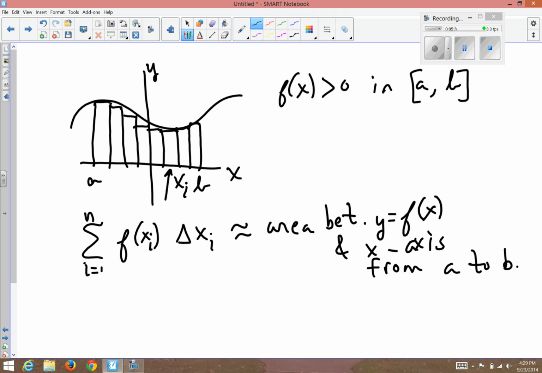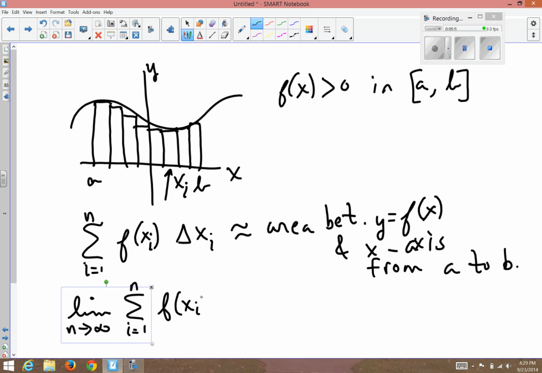Now, if we could theoretically make infinitely many rectangles here so that each one is very, very skinny, then we're going to have the limit of the sum as i goes from the first rectangle to the nth rectangle, where we make n approach infinity, of this expression up here.